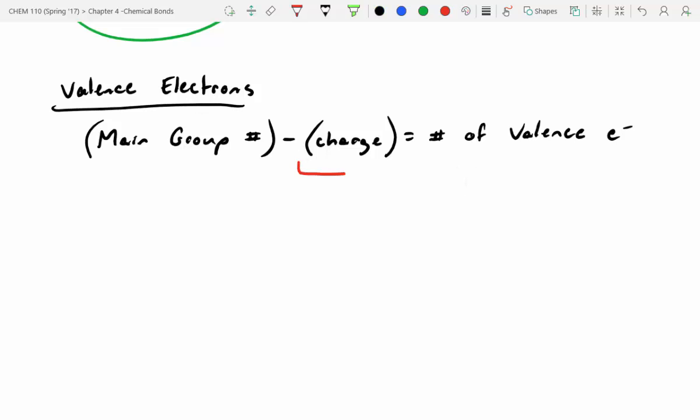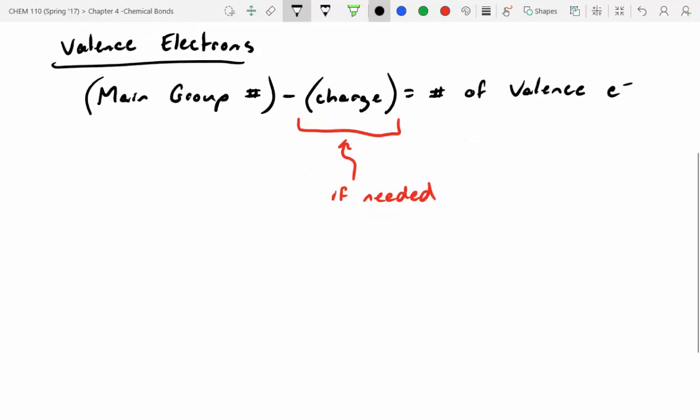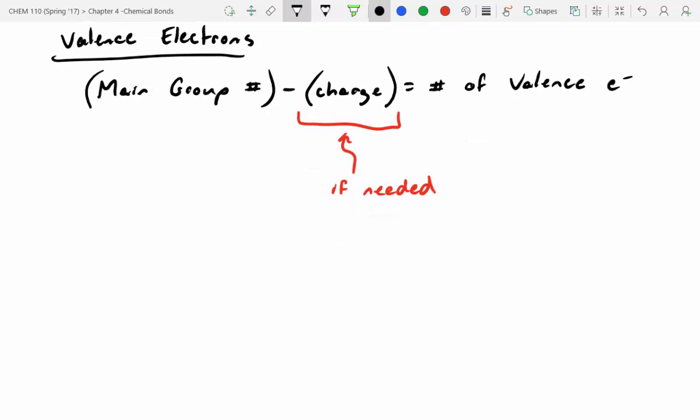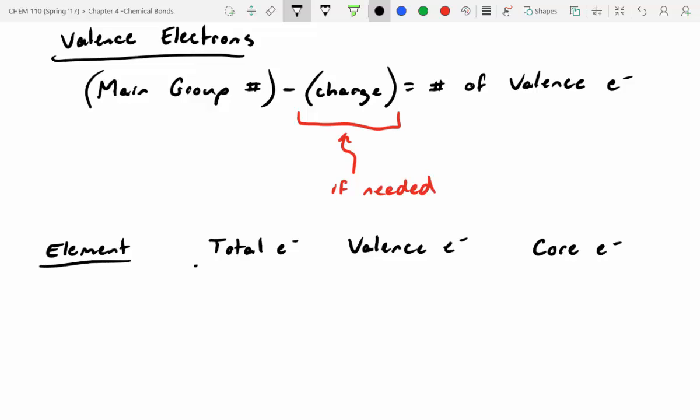Sometimes you run into situations where you have a charge and sometimes you don't, so if needed. So let's go through and do a few examples. I'll do total electrons, valence electrons, and then core electrons. And we'll try to use this formula to kind of help us out.